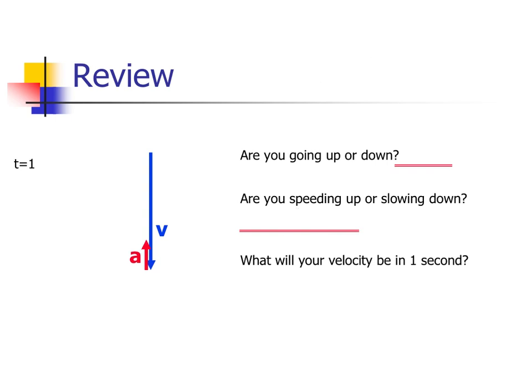Okay. Are we still going up or down? Still going down. Speeding up or slowing down? Slowing down. What tells us this slowing down idea? The acceleration is going in the opposite direction of the velocity.